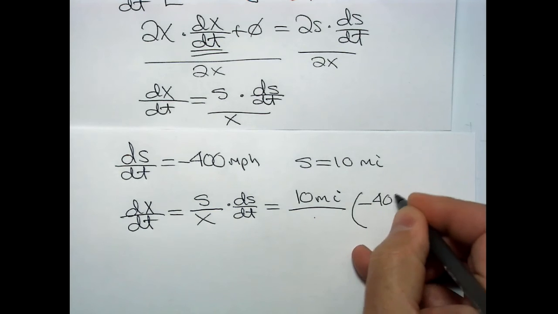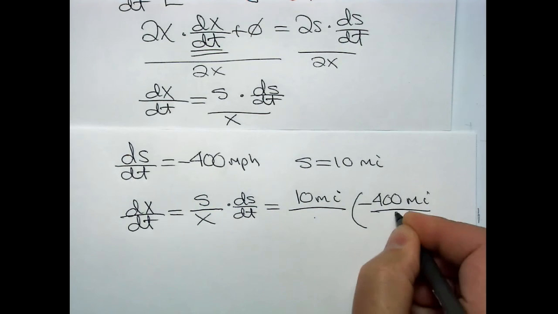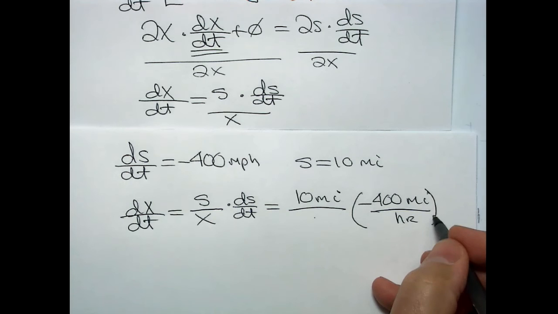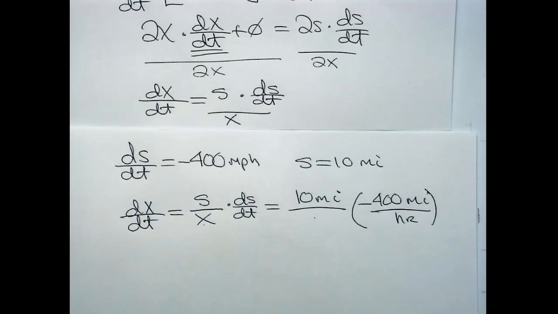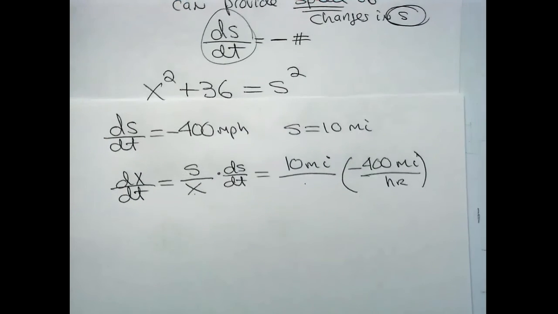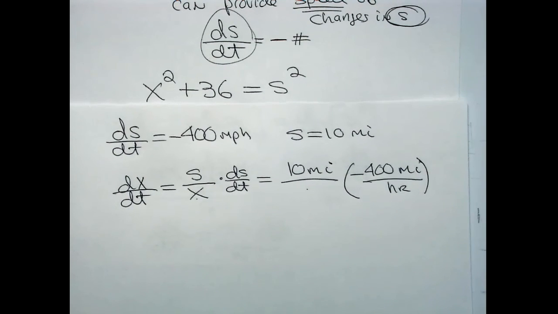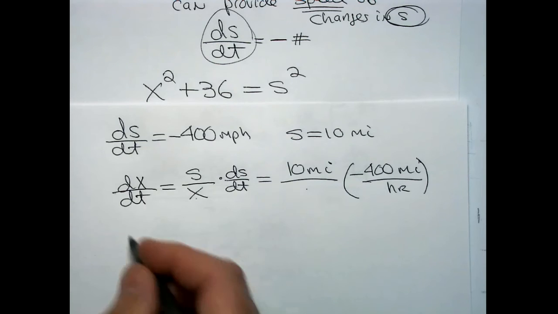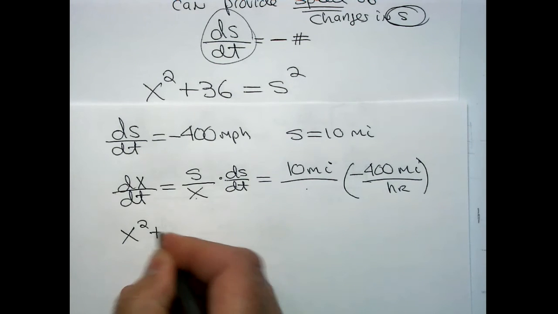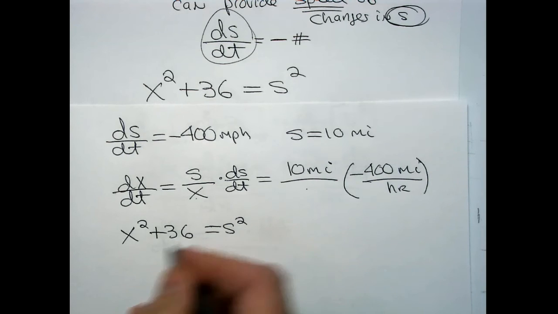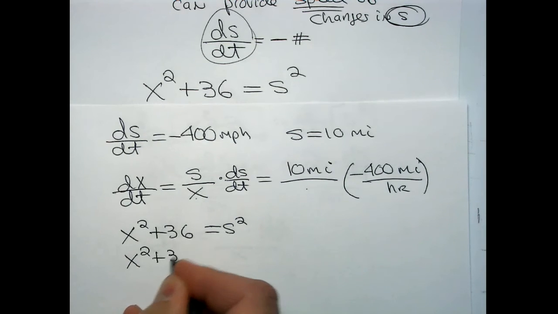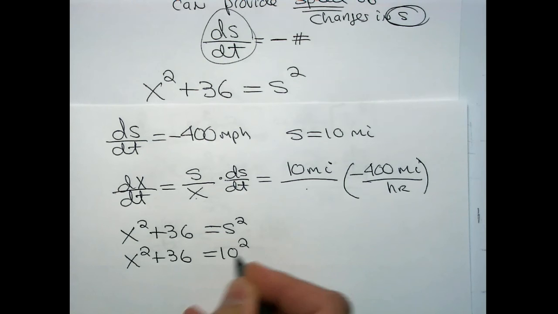It's minus 400 miles per hour, and per means division. What's x? Nobody mentioned x. Luckily, we have the Pythagorean theorem that will get us our x. We can go back to the static formula. It's still true that x squared plus 36 must always equal s squared. Therefore, x squared plus 36 is equal to 10 squared.